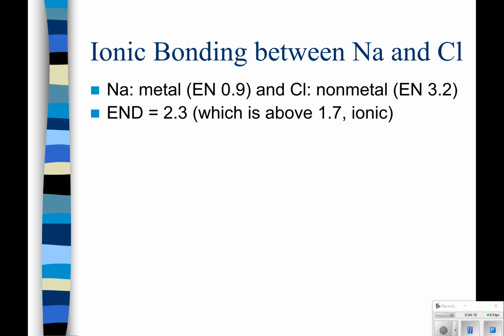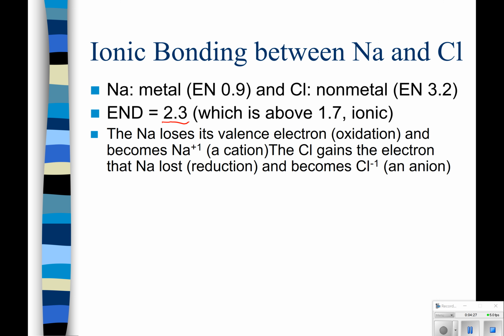Now, to find the difference, the END, the electronegativity difference, we subtract those two, 3.2 minus 0.9, and we get a value of 2.3. This value is above 1.7, which tells us that the bond between sodium and chlorine is going to be ionic. And in general, metals and nonmetals are always going to have an ionic bond.